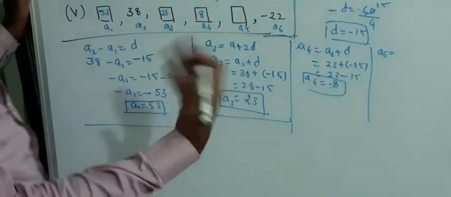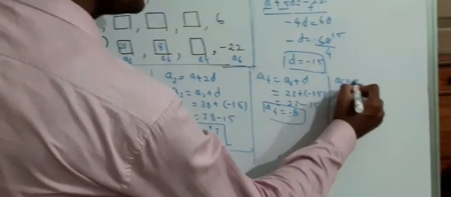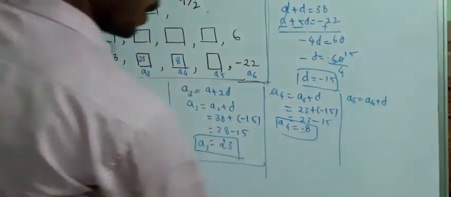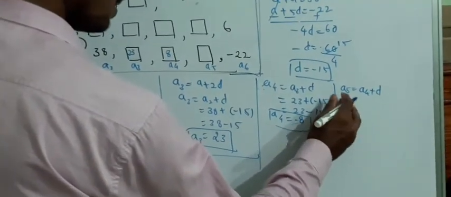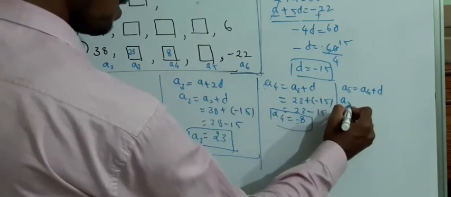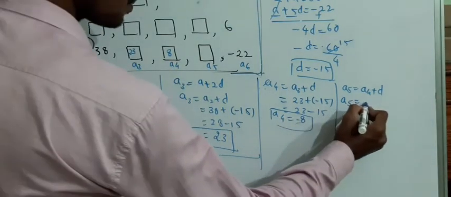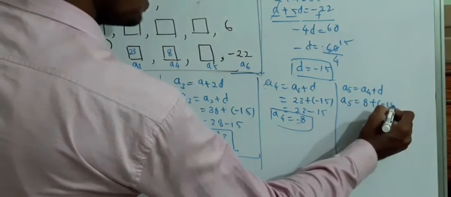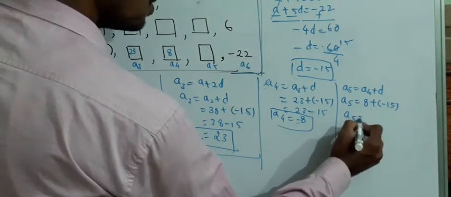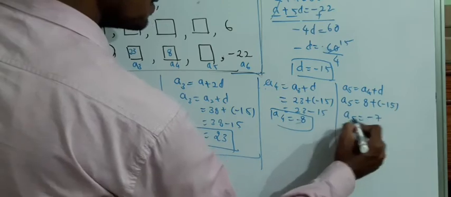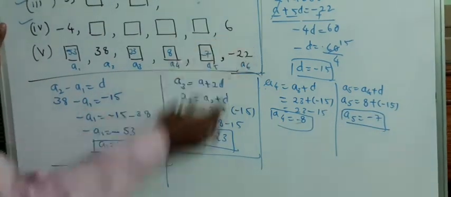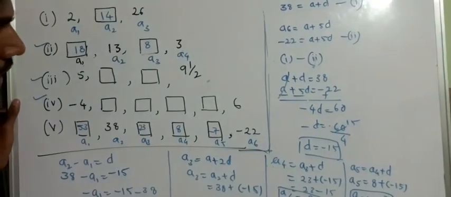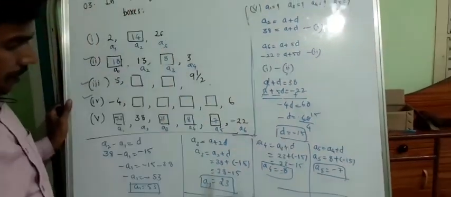To get A5, to A4, if I add D, I'll get A5. A4 is 8 plus minus 15, so A5 is equal to minus 7. So if I add minus 15, I'll get minus 22. It is satisfied. Okay, please note it down.